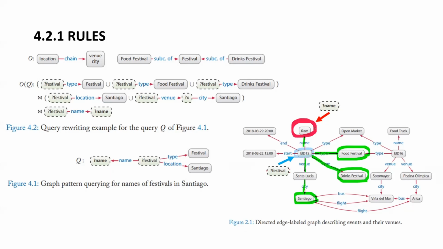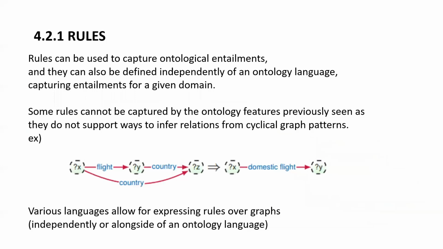Not all of the OWL features we saw earlier are supported in this way. The profile is OWL 2 QL, which is a subset of OWL designed specifically for query rewriting.